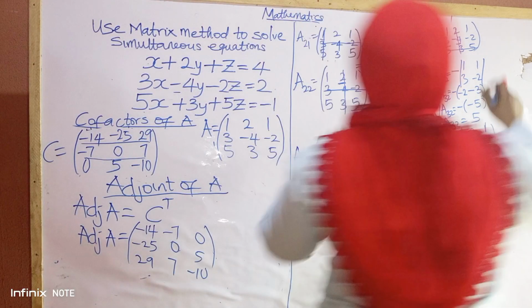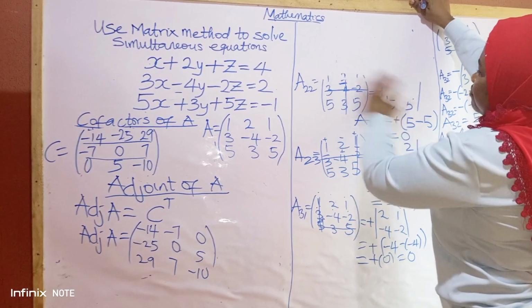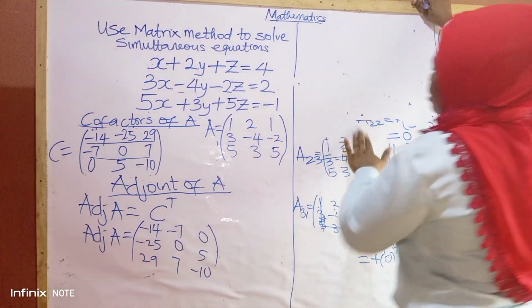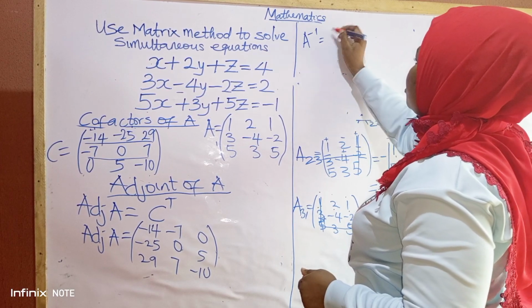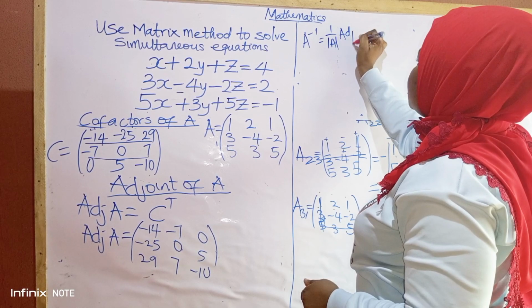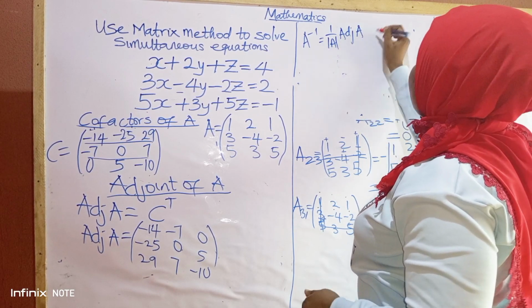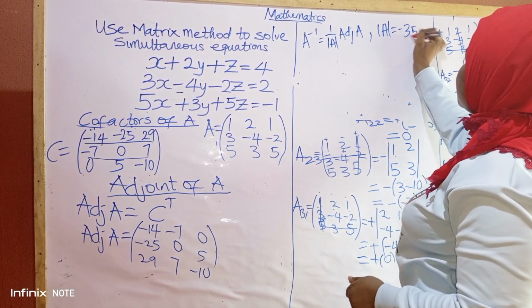Now, our A inverse. I told you that the formula for A inverse is equal to 1 over determinant of A multiplied by adjoint A. And our determinant of A we got minus 35 for it.